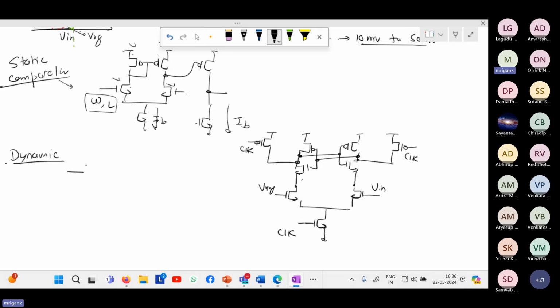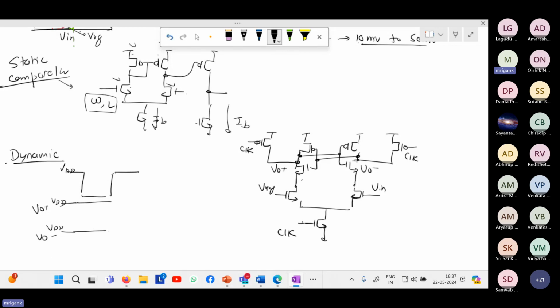I can call the outputs VO plus and VO minus, and both will be set to VDD.